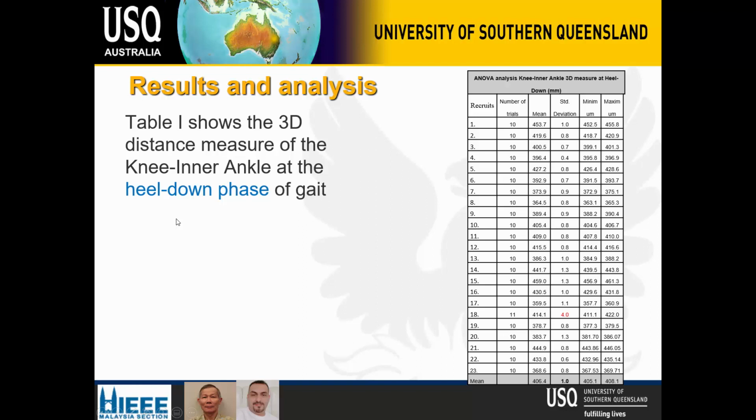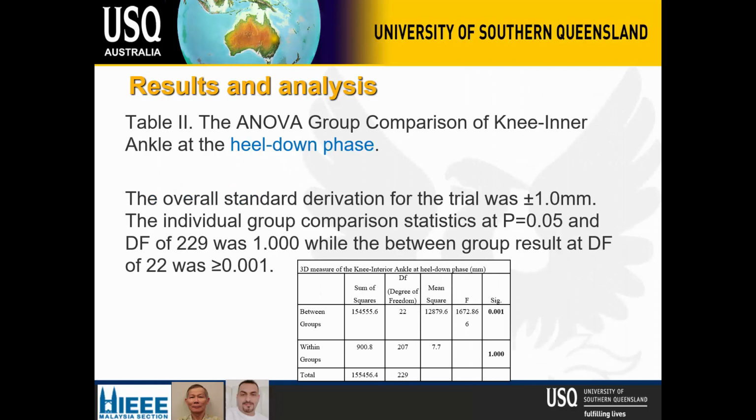Results and analysis. Table 1 shows the 3D measure of the knee to inner ankle at the heel down phase of gait. Table 2 shows the ANOVA statistics group comparison of knee to inner ankle at the heel down phase.